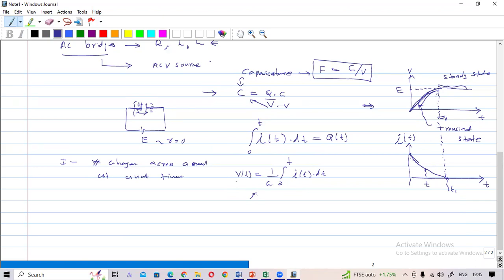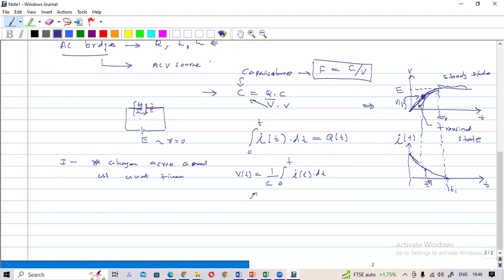This is the expression for the voltage at any time t, a general time t. This t can be any value. So this is the voltage at t, that is V(t). So you can find it like this. You have to integrate the current to the capacitor with respect to dt from 0 to that specific time point.